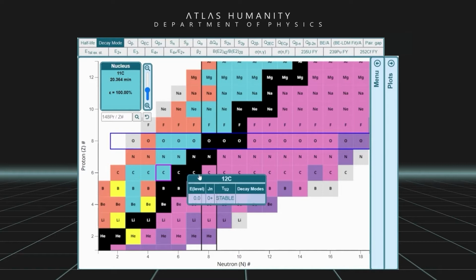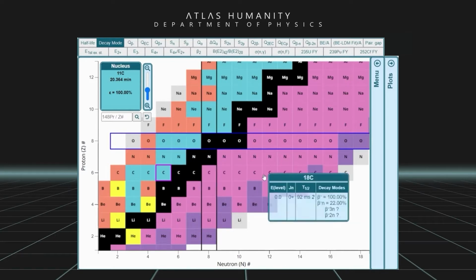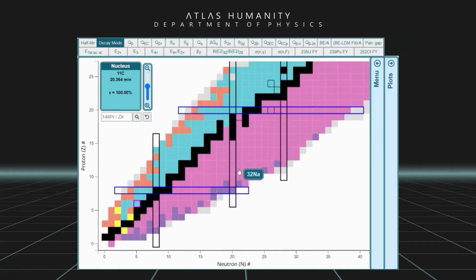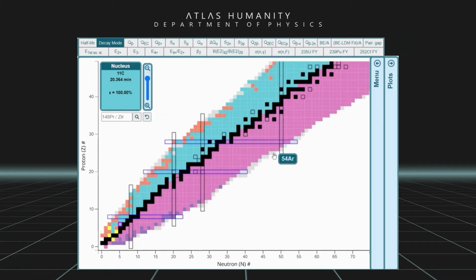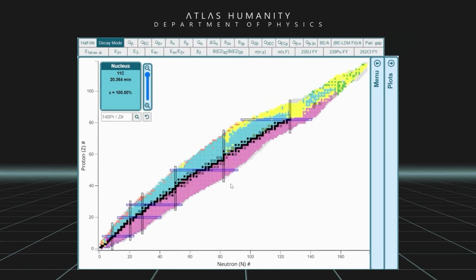We have all the variations in number of neutrons of carbon on this line. This is repeated for every element of the periodic table. Repeat this process for every element and you get this table, the table of nuclides.